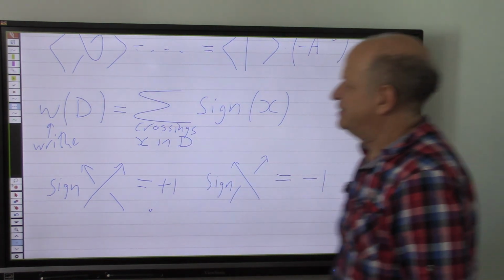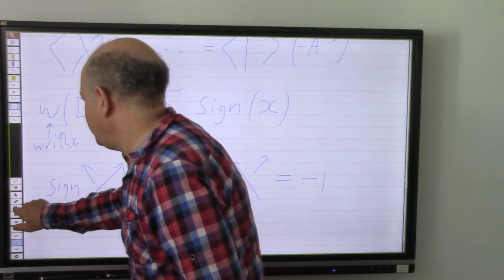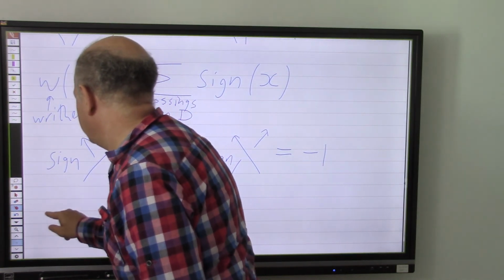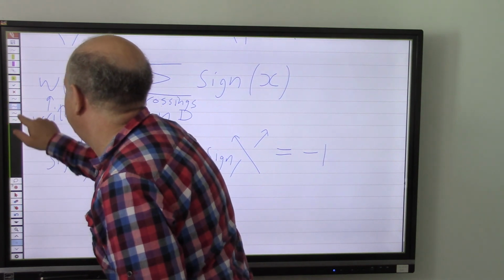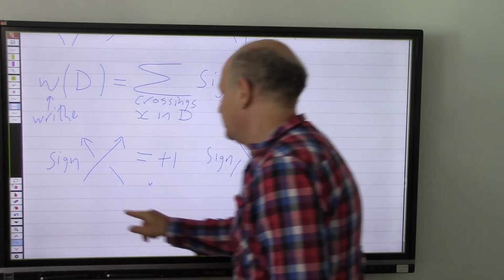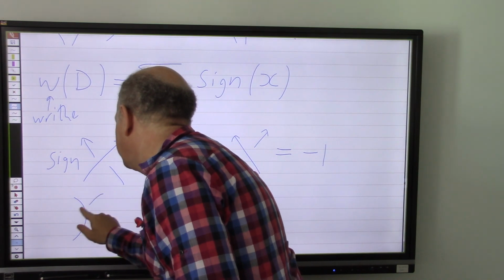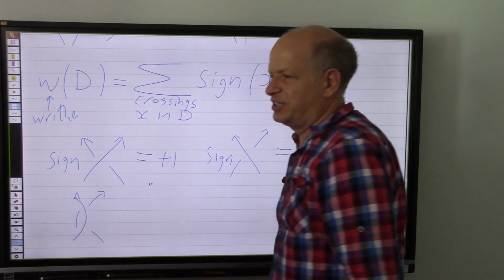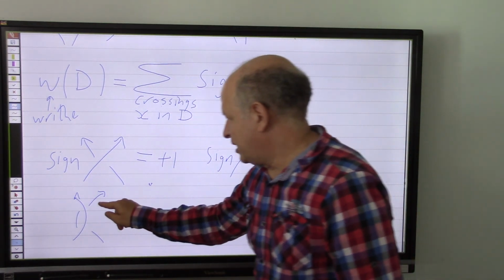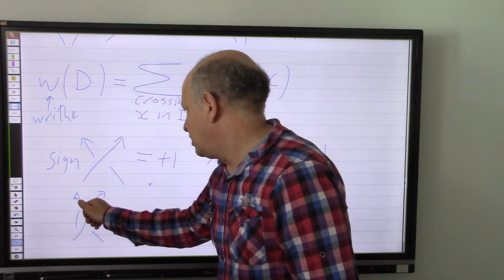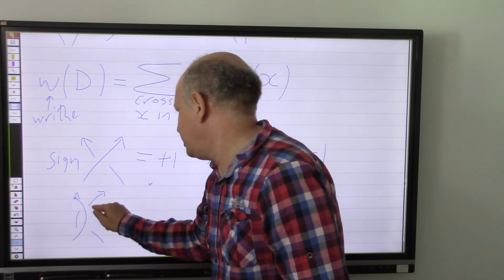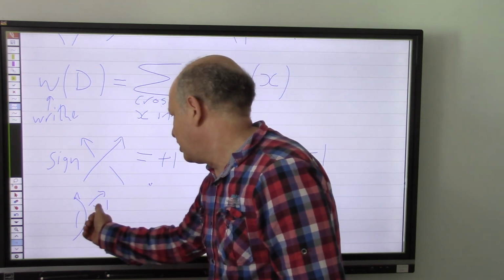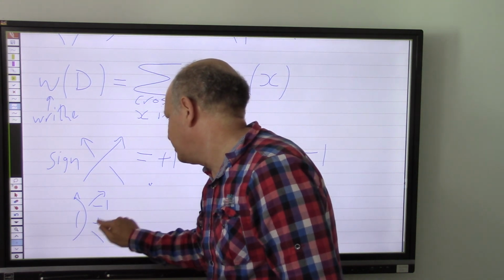Okay? So, is the writhe an invariant? I need to check the 3 Reidemeister moves. So let's check Reidemeister 2. But now I have to take oriented strands. If I orient the strands, this crossing is a negative crossing, and this crossing is a positive crossing.